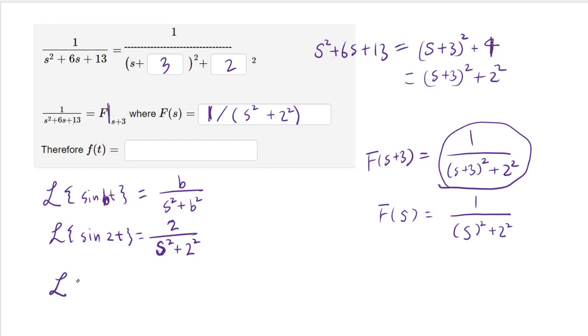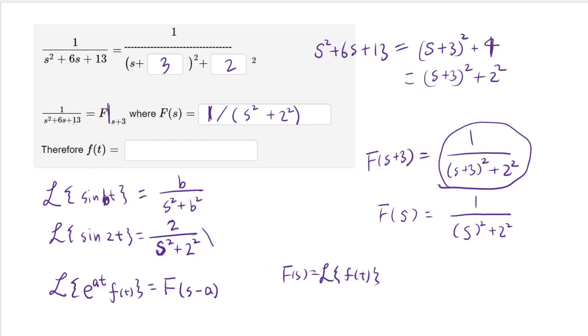If you have the Laplace transform of e to the at times some function f of t, then that's the same as the Laplace transform of f, which we use the capital F for, but instead of F of s, we put s minus a. In here, the definition of F of s means it's the Laplace transform of just f of t without anything in it.